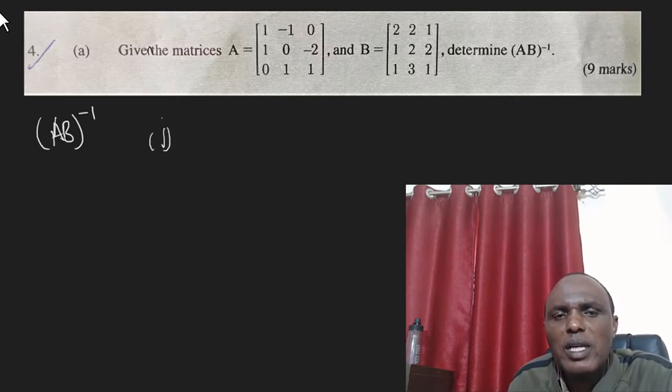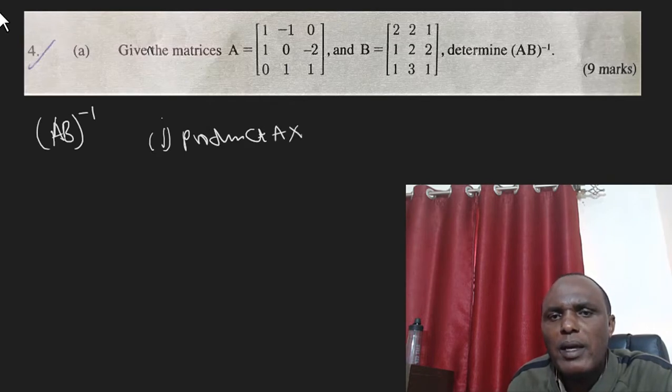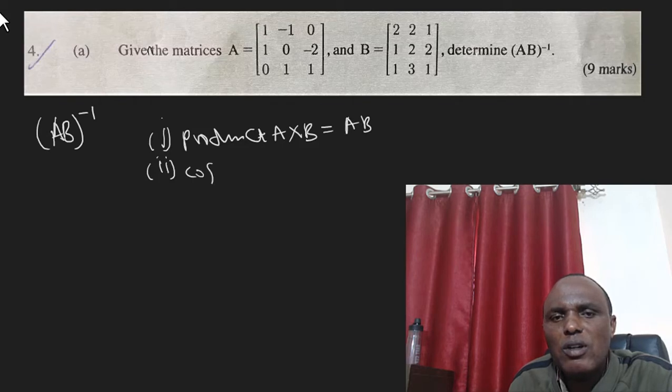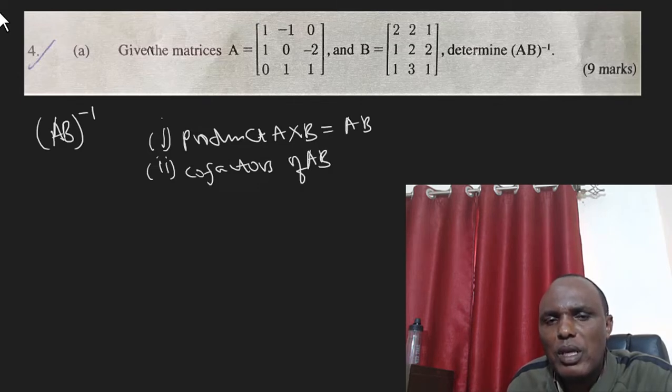To solve this problem, number one, we need to get the product of these two matrices. Matrix A we multiply by matrix B. After getting that product, then we get the cofactors of the elements of the product matrix AB.